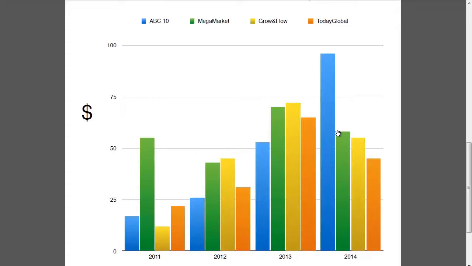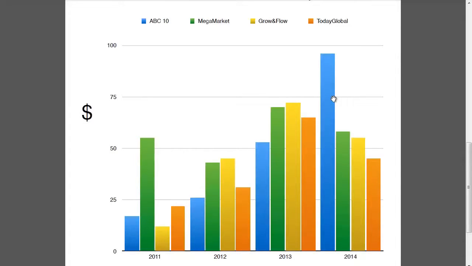So in this case, for instance, you could say things like, although the ABC 10 company earned much less money in 2012, over here, compared to Mega Market and Today Global, it steadily increased its income, becoming the most profitable of all companies in 2014.